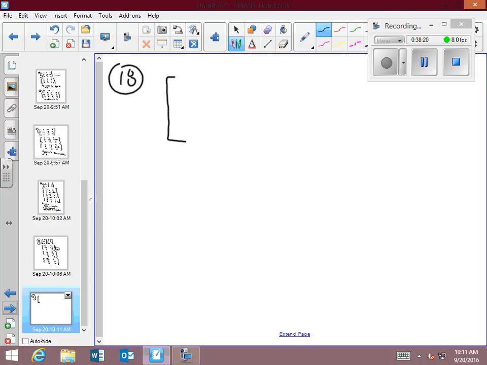If you put those vectors in matrix form, it's 4, 4, minus 1, 3, 2, 5, 8.